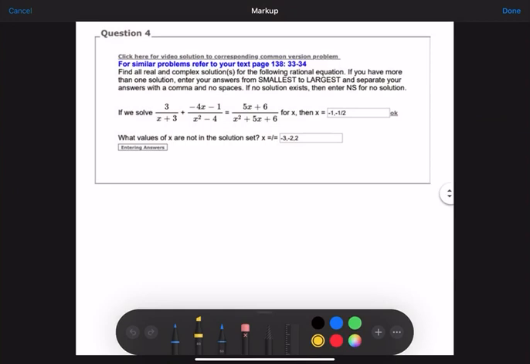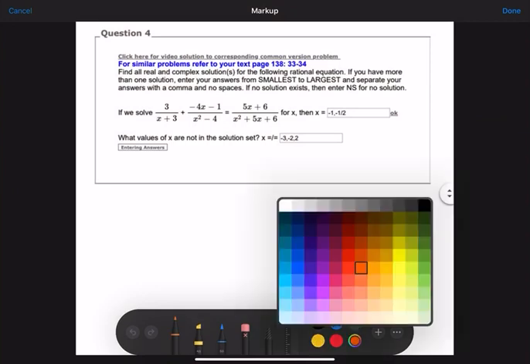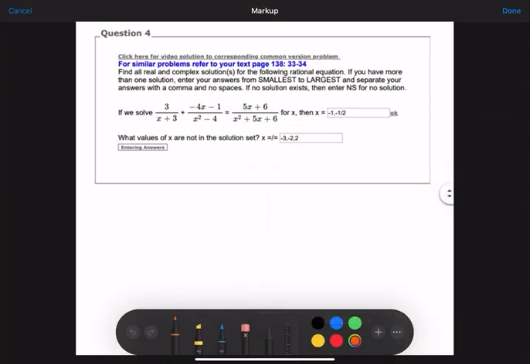To start off, I'm just going to focus on the left-hand side, ignore what's going on the right, and simplify this as much as possible.